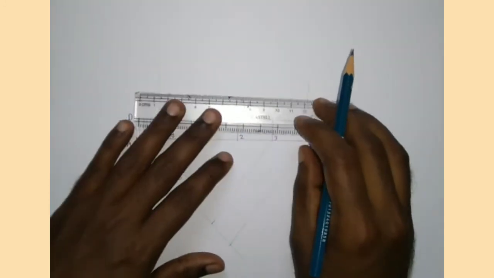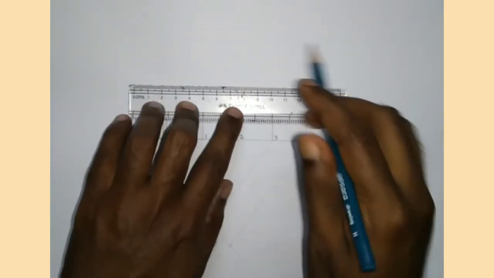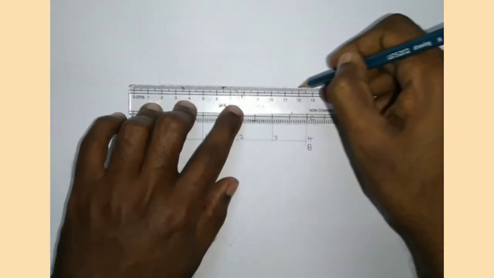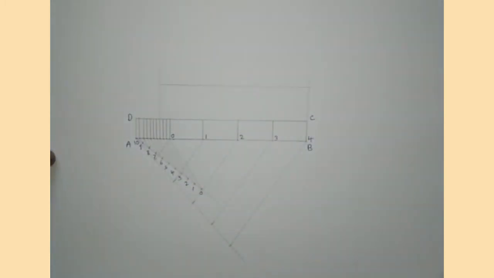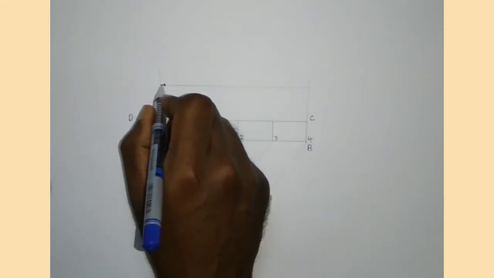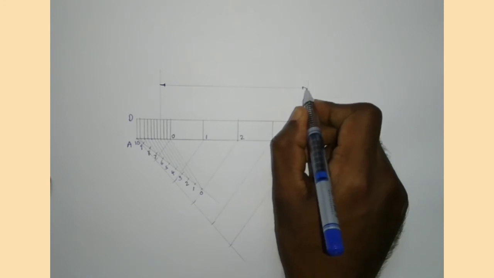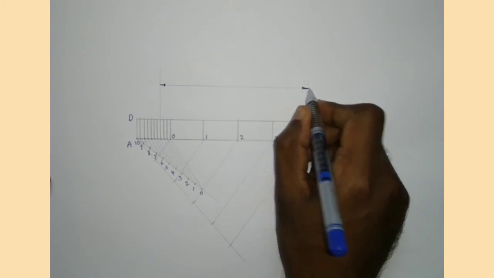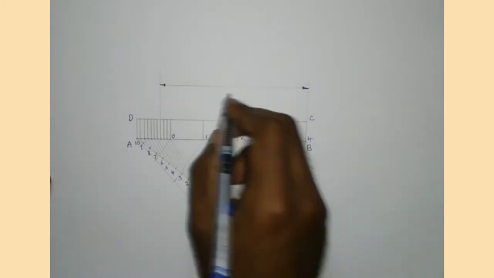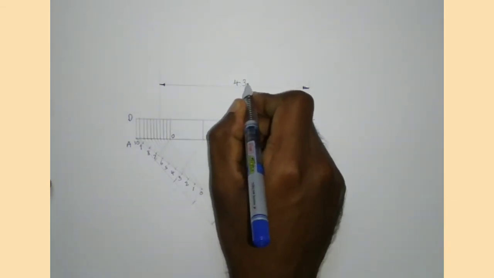Okay, this length is 4.3 meter, that is 4 meter plus 0.3 meter or 4 meter plus 3 decimeter, or we can say 4 meter plus 30 centimeter. Okay, that length is 4.3 meter.